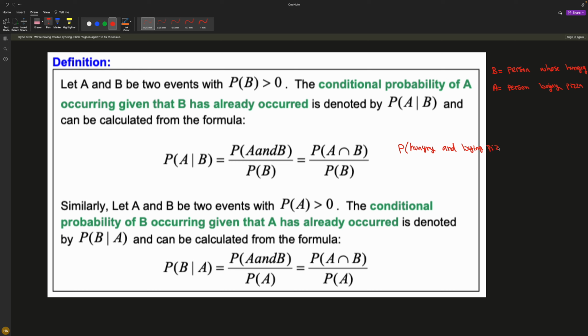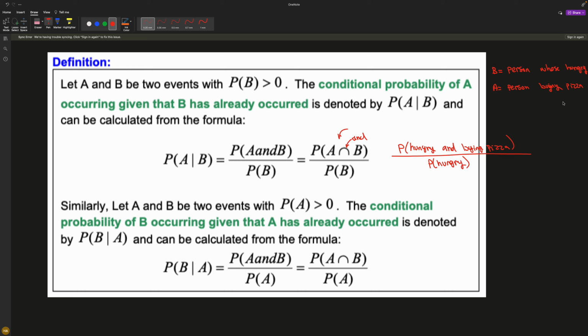That's the top. We're saying and, right? So first we get the probability that they're both happening, which is somebody's hungry and somebody's buying pizza. We're not saying the person who's buying pizza is hungry, we're just saying the person buying pizza and the person is hungry. Then we're going to divide it by the probability of the person being hungry.